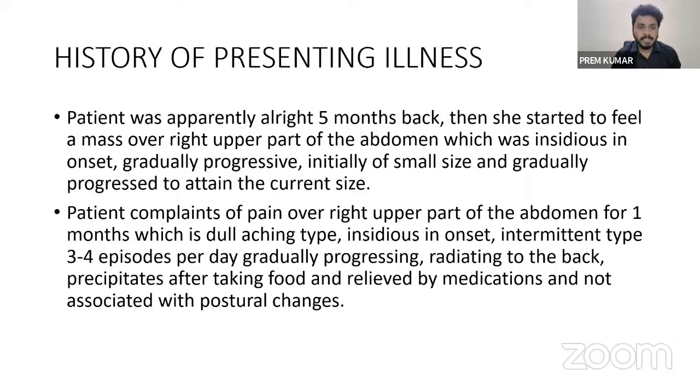The patient also complains of pain over the right upper abdomen for 1 month, dull aching type, insidious in onset, intermittent, 3 to 4 episodes per day, gradually progressing, and radiating to the back. The pain precipitates after taking food and is relieved by medications, and was not associated with postural changes.